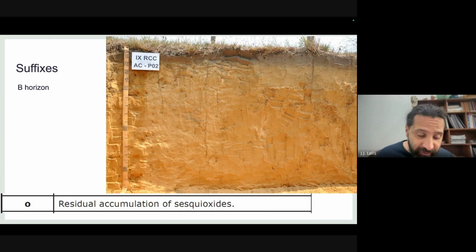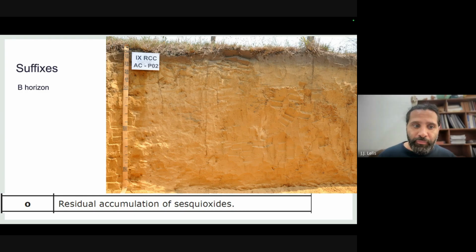Because of this intense destruction, you induce intense clay removal, especially silica removal, and you only concentrate the iron oxides and aluminum oxides because they are quite stable, because they cannot be destroyed by this low pH.